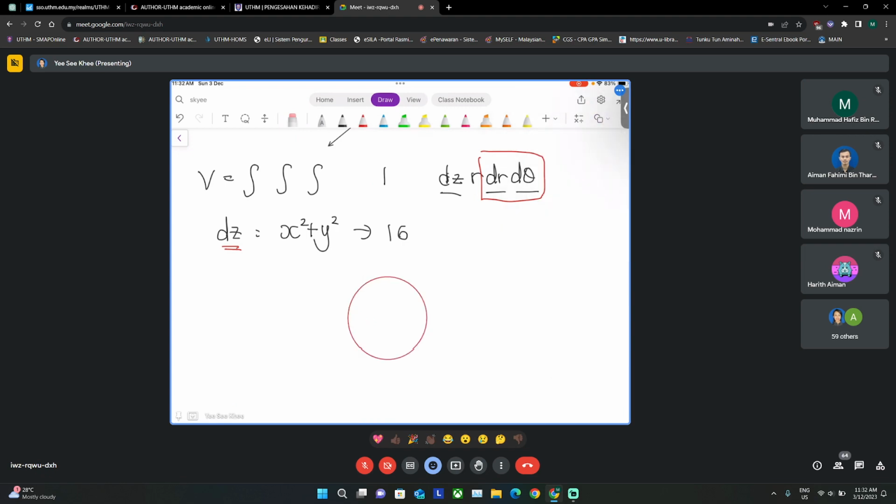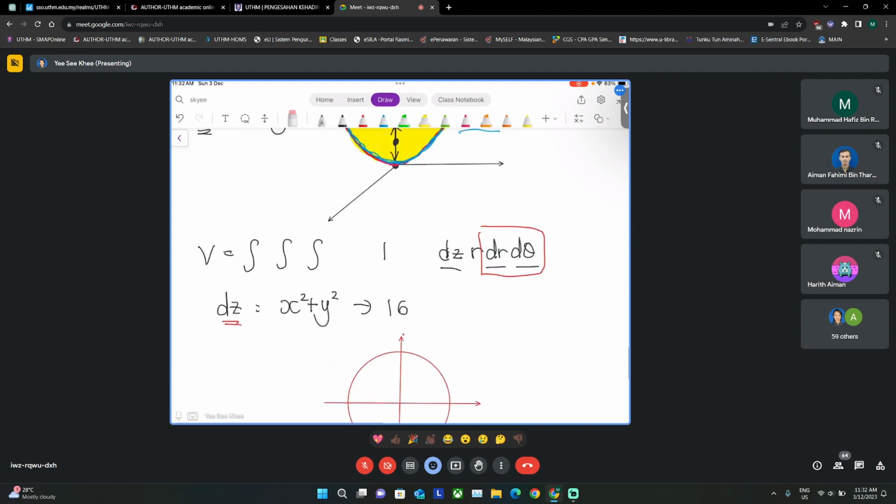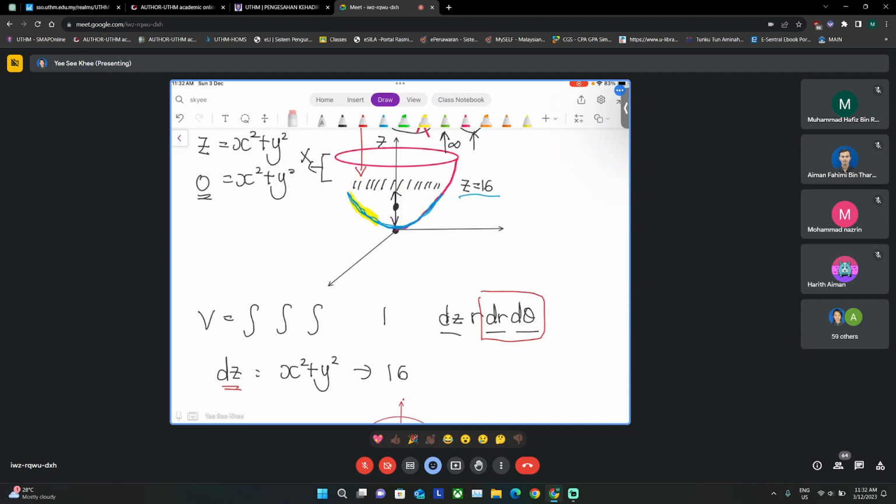This is the circle that you will see when you look from the top. It refers to this circle you are looking at.